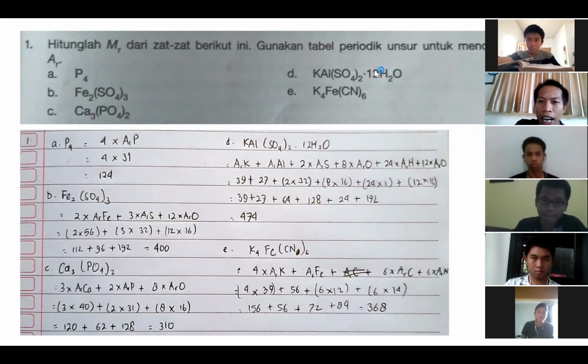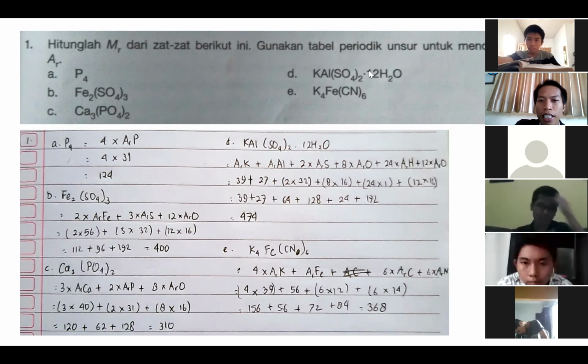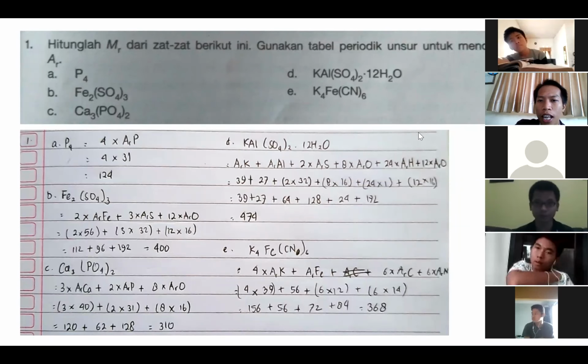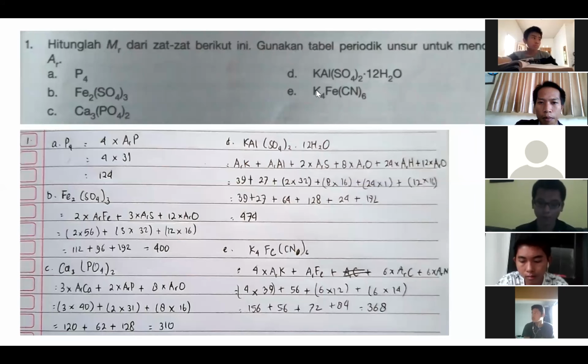In front of the hydrate, sometimes we have a number like 12, for example. So the 12 will also be calculated here: 12 times 2, which is 24 times the relative atomic mass of H, and 12 times 1, which is 12 times the relative atomic mass of oxygen. When you total this, you will get this number.